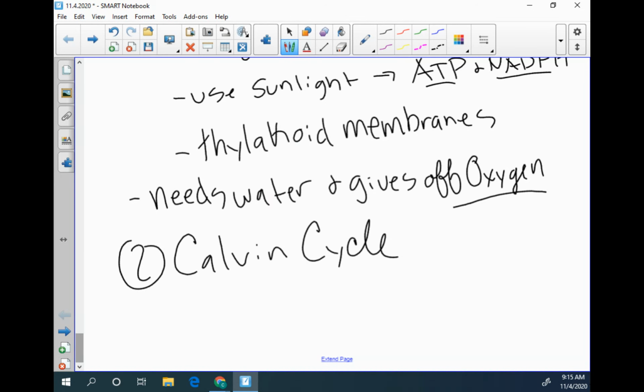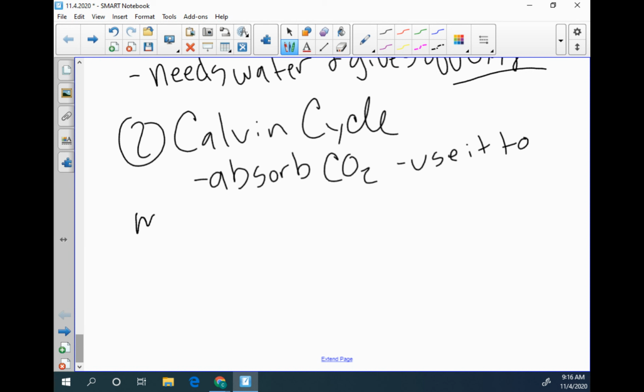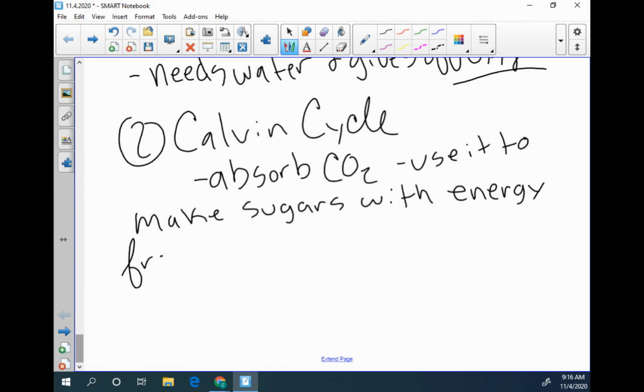In the Calvin cycle, we absorb carbon dioxide and use it to make sugars with energy from ATP and NADPH.